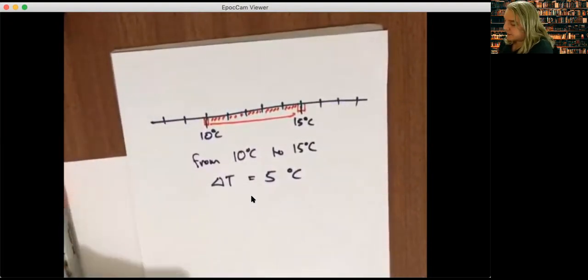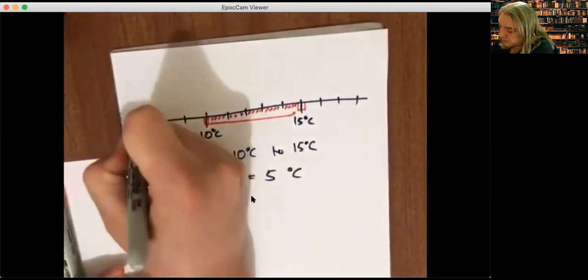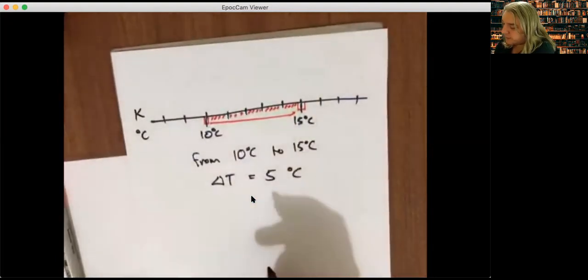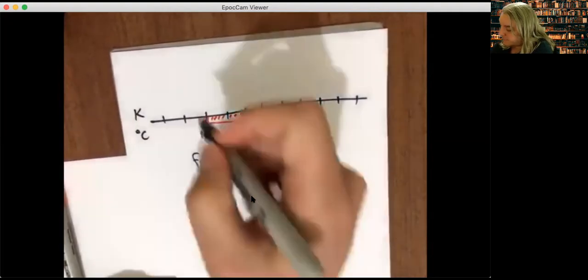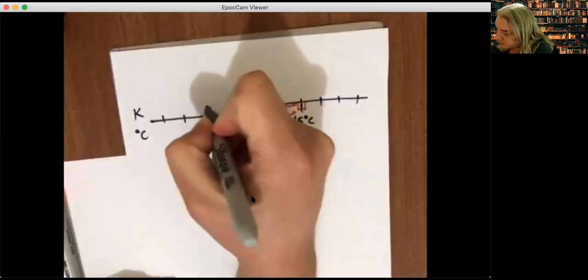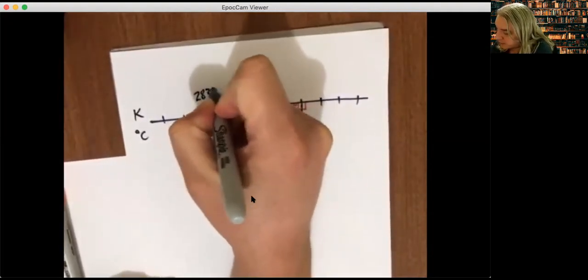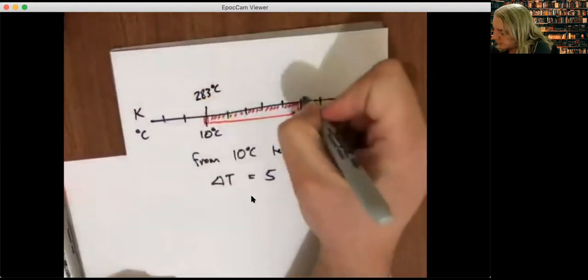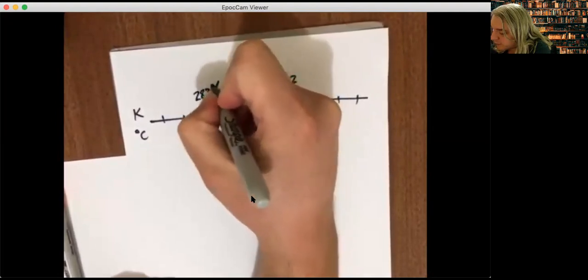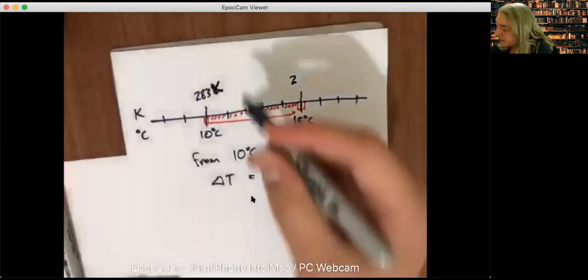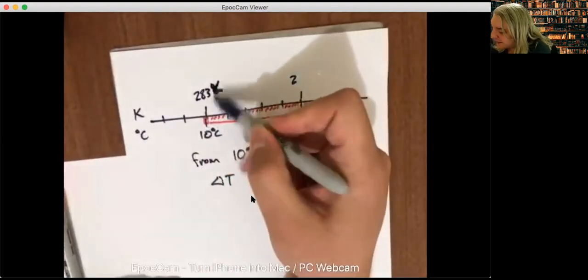The other side of that, if this is degrees C, let's set this to Kelvin. Now remember, to convert a temperature, you need to add 273. So that means that this is now 283 degrees C. And this is a good way to confuse everyone when I'm trying to explain it, to use the wrong units, 283 Kelvin.